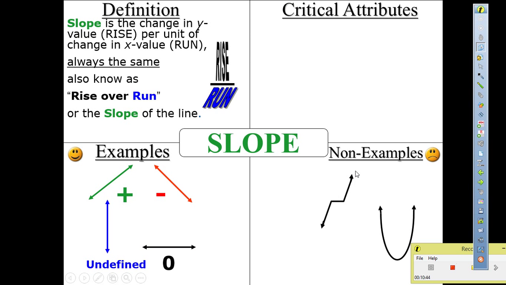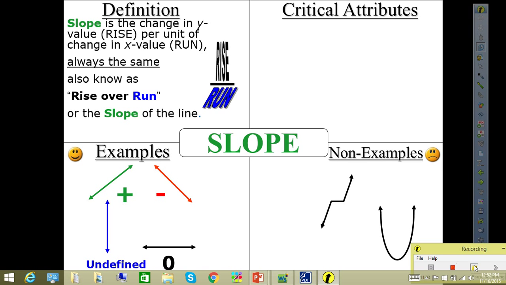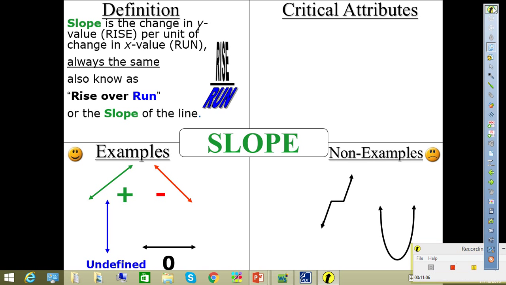This is a non-example of something that is not slope, and this is not slope. Copy those, and then as you're copying them, start thinking why those are not an example of having slope. Copy that. Let's see. How about this one?